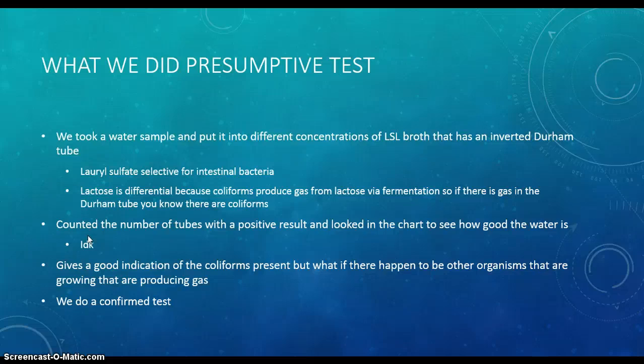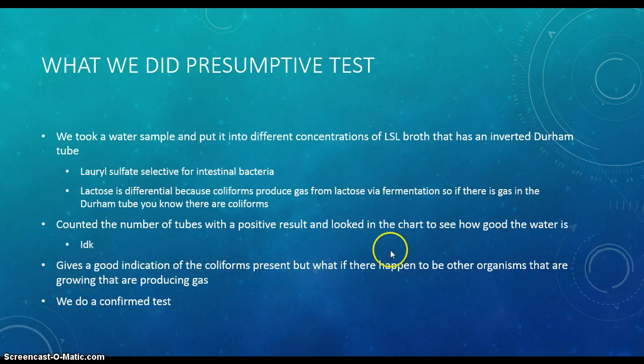So I'm guessing statistics are involved to where it is a useful chart. It is a test that is widely used, and I just always question this kind of chart. I never really got the logic behind it. But it does give a good indication of the coliforms present.